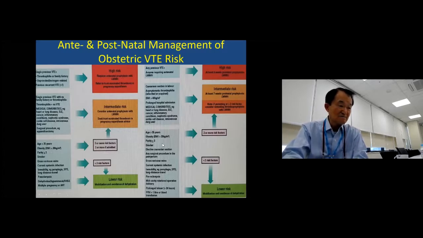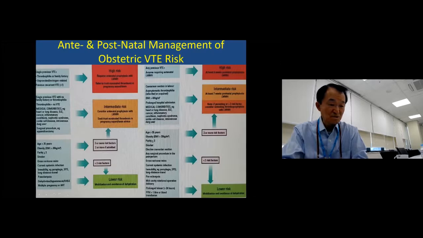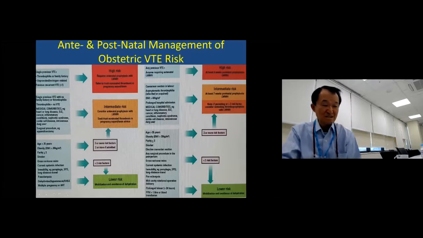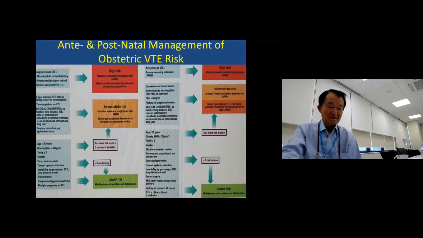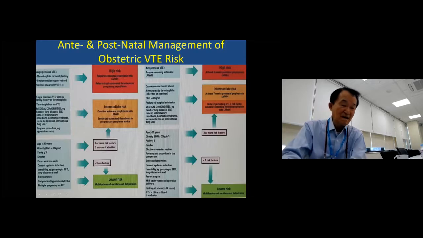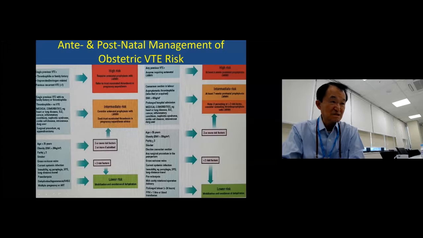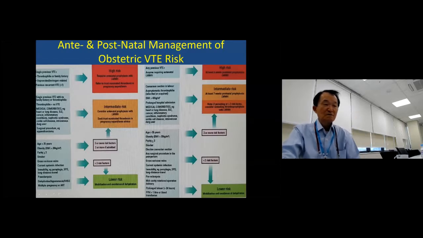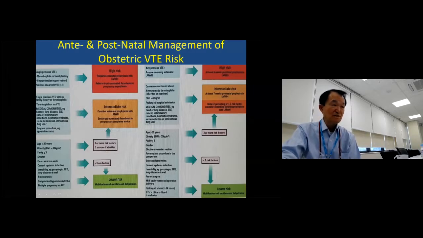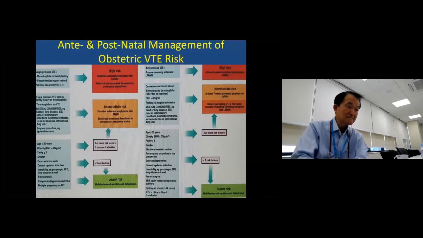For some younger patients, if the risk is very low, just mobilization and enough hydration. For the others, after 35 years old, in the high risk or intermediate risk group, you still give low molecular weight heparin to prevent further clotting process.